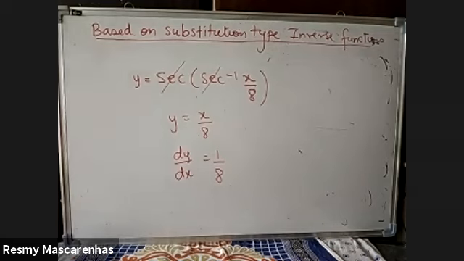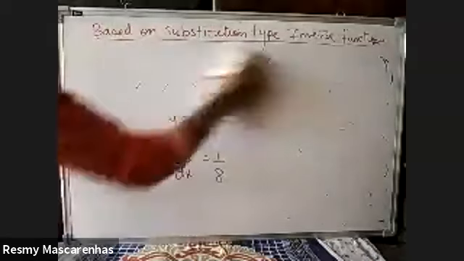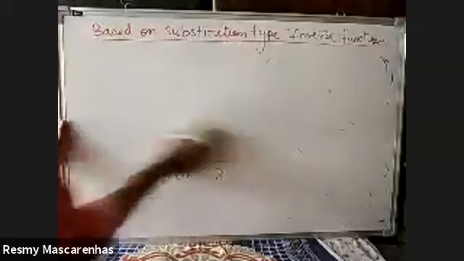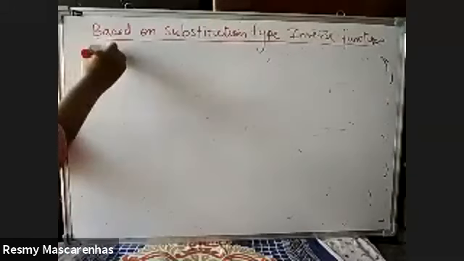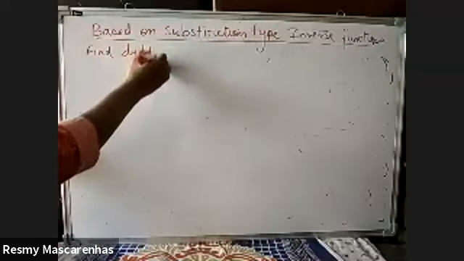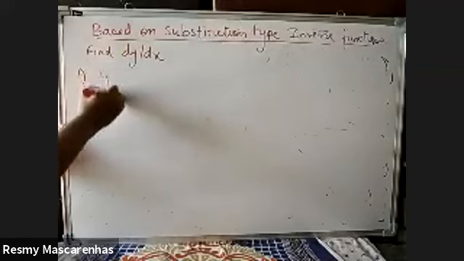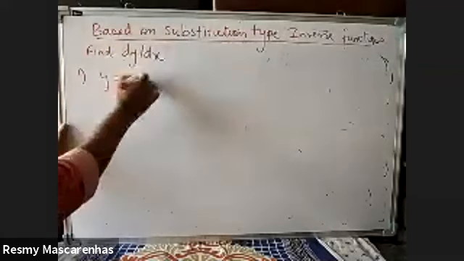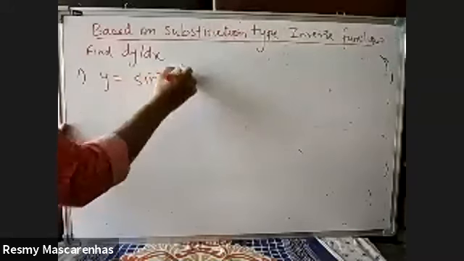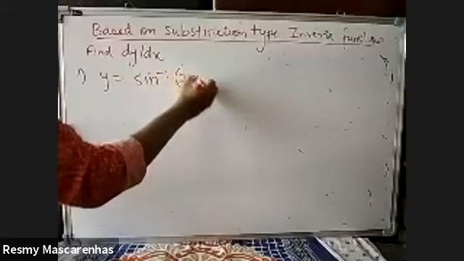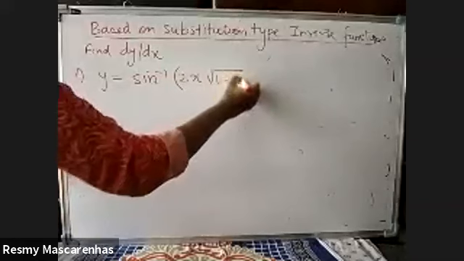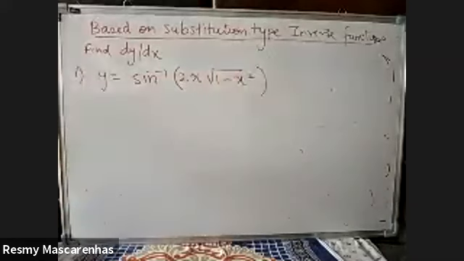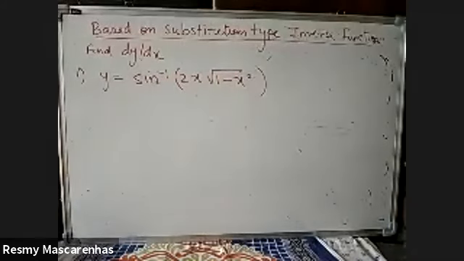So first one, the question will be find dy by dx. Sine inverse of 2x root of 1 minus x square.